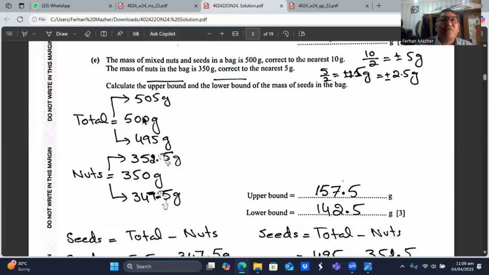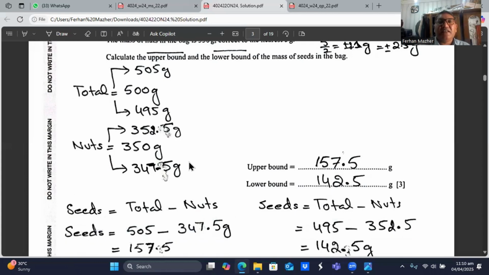When I add 5 grams here, the upper bound of the total is 505 grams, the lower bound will be 495 grams. For the nuts, 5 grams divided by 2 is 2.5 grams. So 350 plus 2.5 gives you 352.5 grams. And from 350, if you subtract 2.5 grams, you get 347.5 grams. So that's the upper and lower bound for the mass of the nuts.